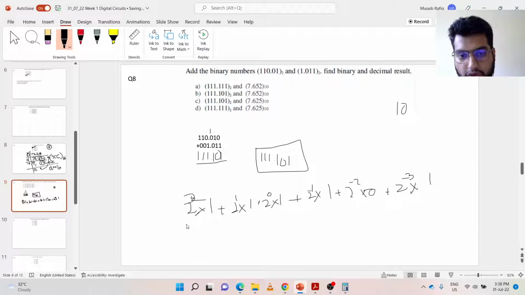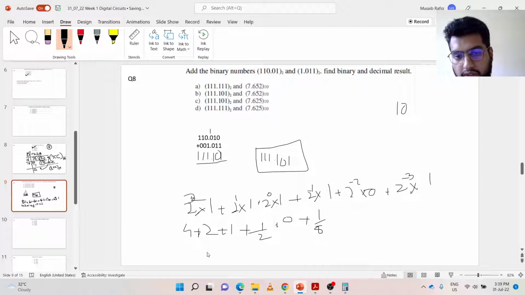So this is 2 to the power 2, which is 4, plus 2, plus 2 to the power 0, which is 1. Then 1 by 2, plus 0, plus 1 by 8. So 4 plus 2 is 6, 6 plus 1 is 7, 7 plus 0.5 plus 0.125, since 1 by 8 is 0.125.